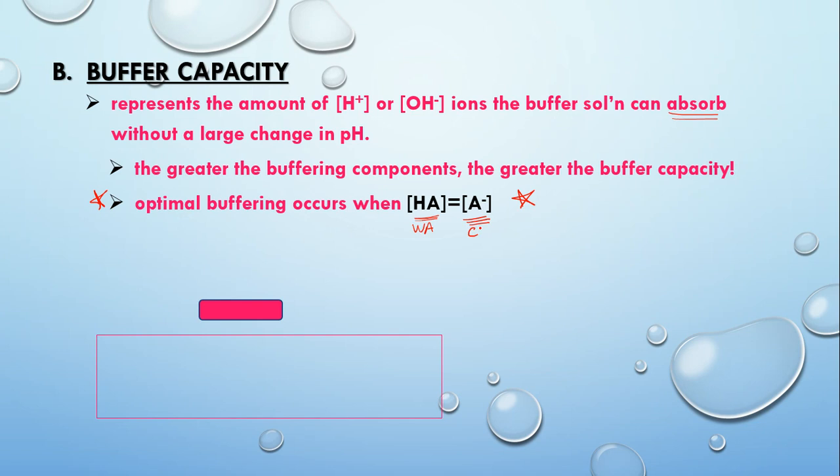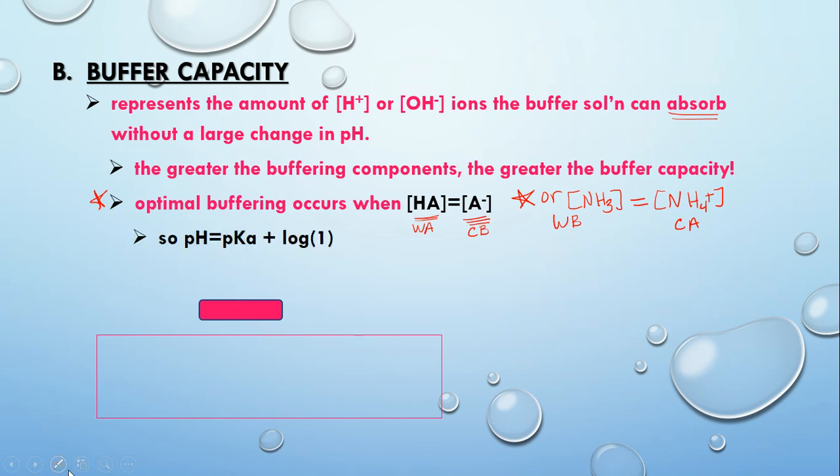If you were to have a weak base, I'll use ammonia as my example, if its concentration was equal to the concentration of the ammonium ion, its conjugate acid, then when these concentrations are equal, if you look at your Henderson-Hasselbalch equation, that's when optimal buffering occurs.